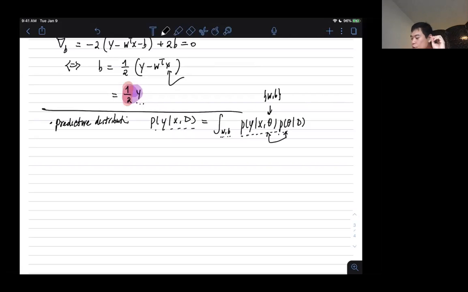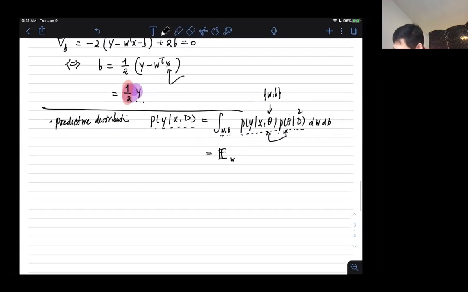And then what you need in order to get the predictive distribution is how much you believe this machine is good based on our data, right? And this is going to be dW and dB. Now, what it means is that this is an expectation over this posterior distribution, that is, W and B given the data, of P of theta. This is what we are getting, right?